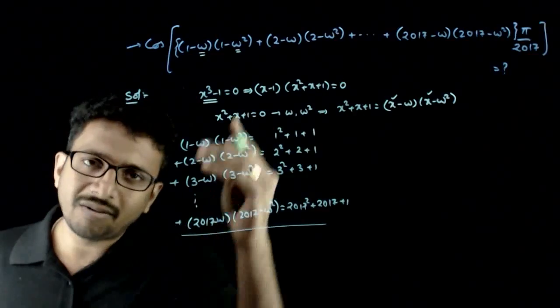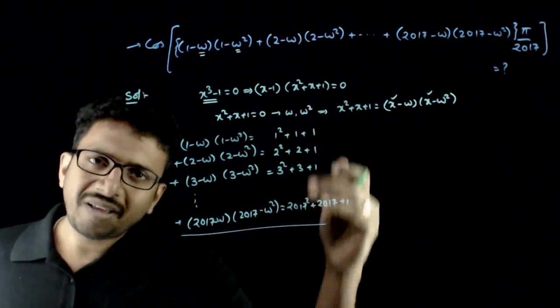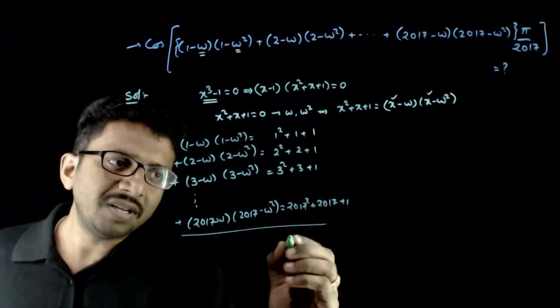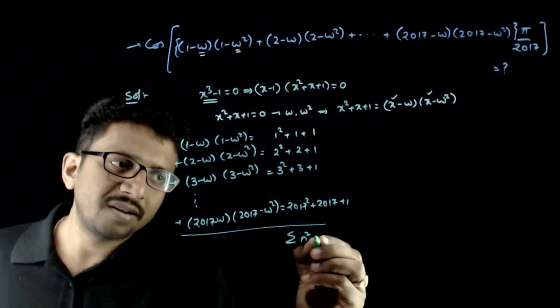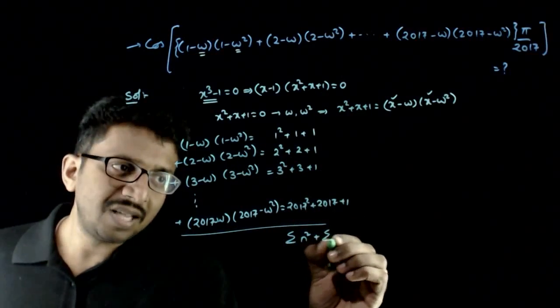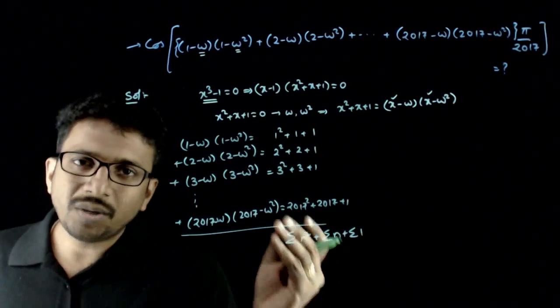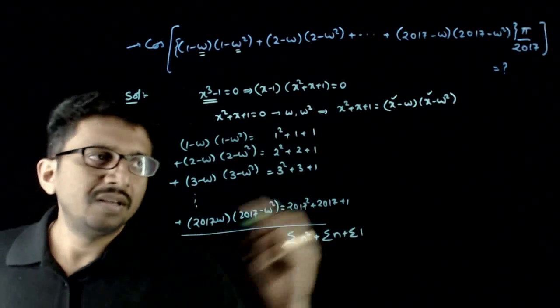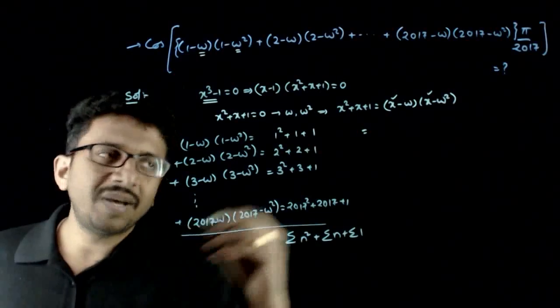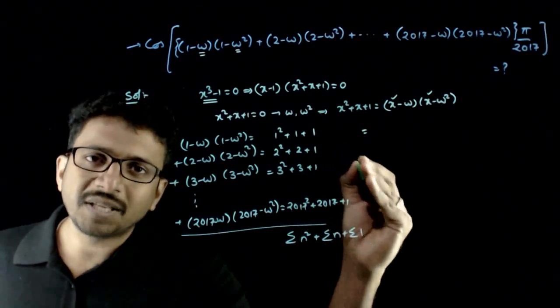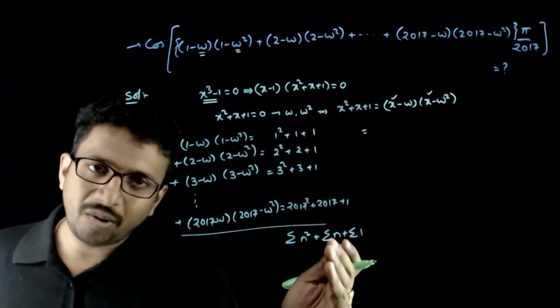So now what happens if you add all this? This is nothing but sigma n square plus sigma n plus sigma 1, as n goes from 1 to 2017. What is sigma n square? n into n plus 1 into 2n plus 1 by 6, and sigma n is n into n plus 1 by 2.